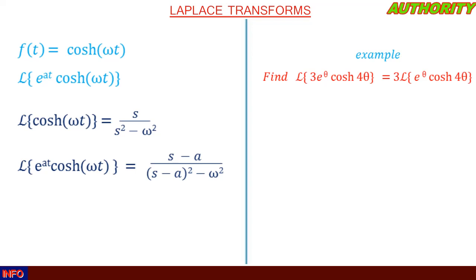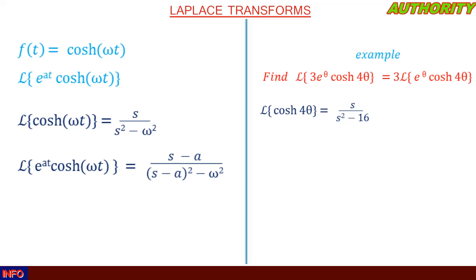Now let's go. First of all, let's take the Laplace transform of cosh 4 theta. The Laplace transform of cosh 4 theta is going to give us s all over s squared minus 16. I hope you know this, right? Now we have taken the Laplace transform of cosh 4 theta. Good. Now let's go in full.